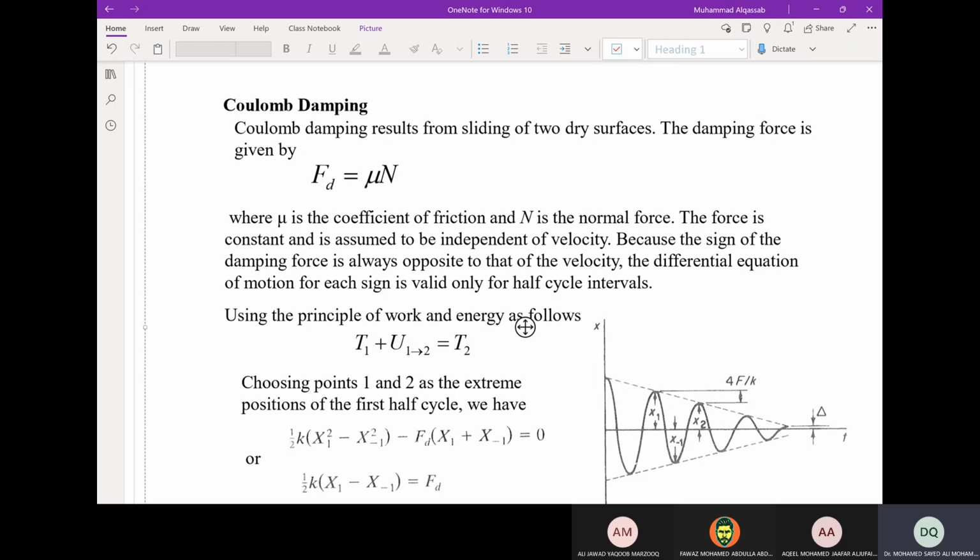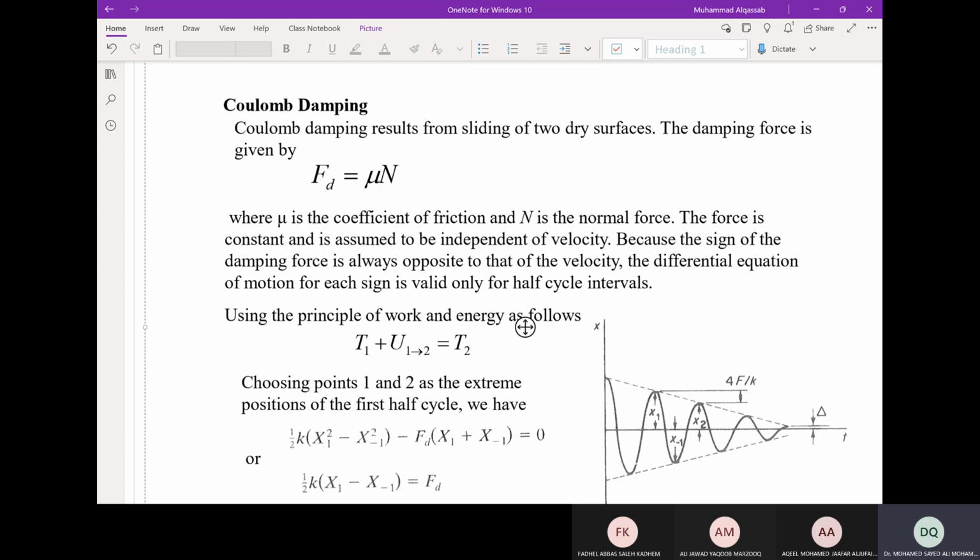Between two dry surfaces, you will have a friction force which is constant, equal to mu times N. You know that for sliding, meaning there is motion, the friction is mu k times N, but here k is omitted just for short. We know this is the kinetic friction coefficient. Mu is the kinetic friction coefficient or coefficient of friction, and N is the normal force.